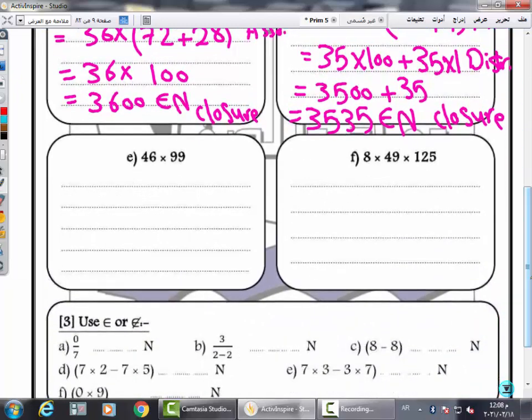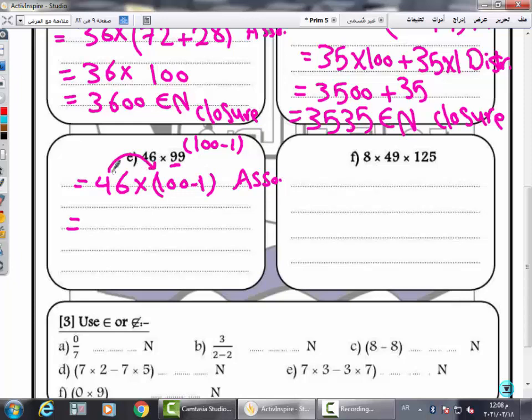46 times 99. We will change 99 to be 100 minus 1, and we will write 46 times (100 minus 1). This is called the associative property. Then distribute 46 on 100 and 46 on 1, so it is 46 times 100 minus 46.